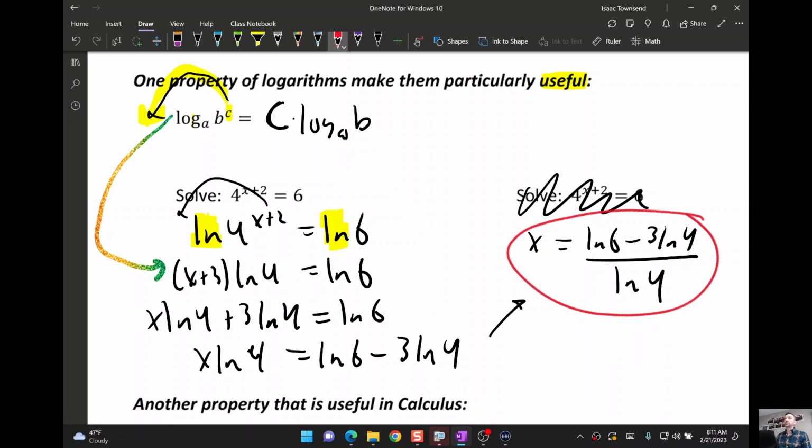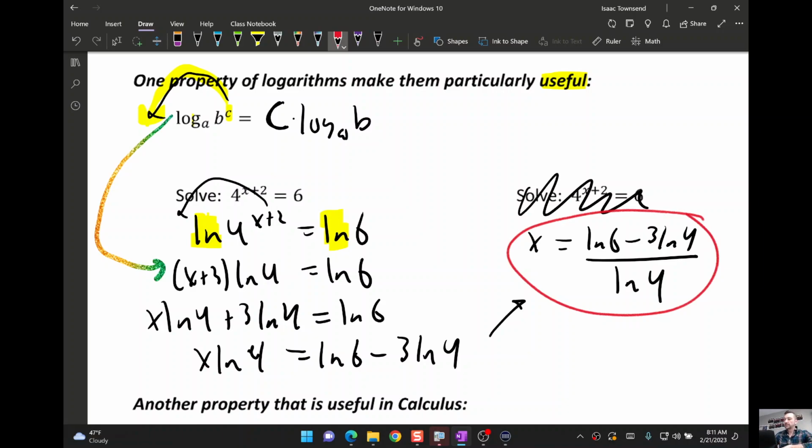Crazy looking answer that you would never guess with just trial and error. But taking the log of both sides so that this property can be applied, we can get that variable out of the exponent, and then we can use our normal solving techniques. Distribute, undo add, undo times.